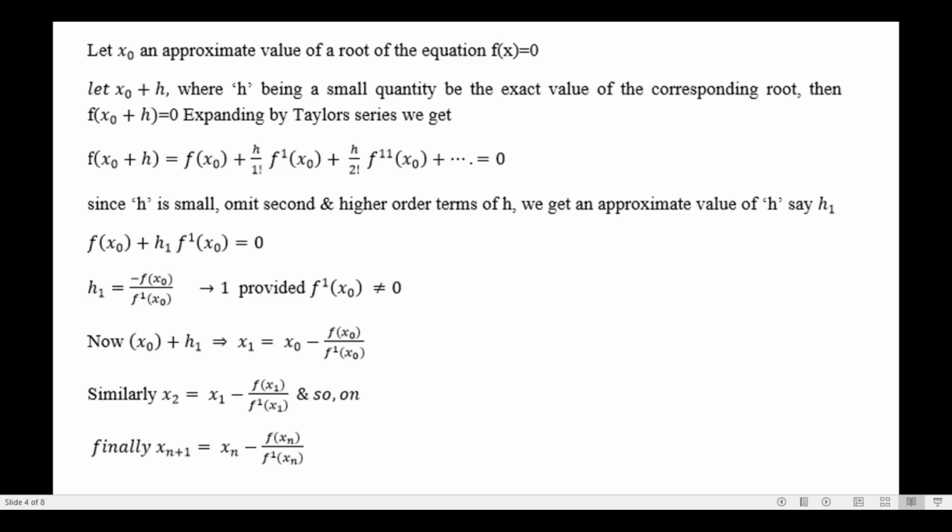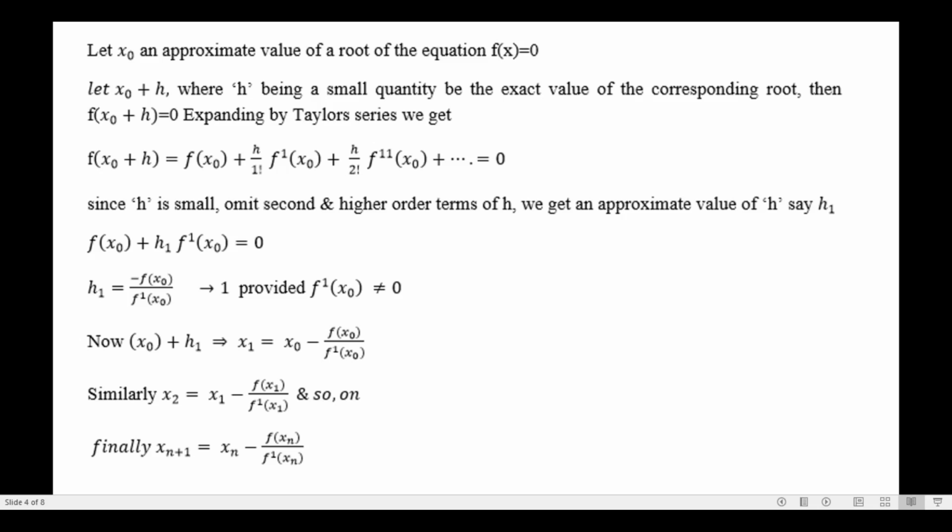Let x naught be an approximate value of the root of an equation f of x is equal to 0. Whether f of x is equal to 0 is an algebraic or transcendental equation, let us consider h to be a real number that is sufficiently small.